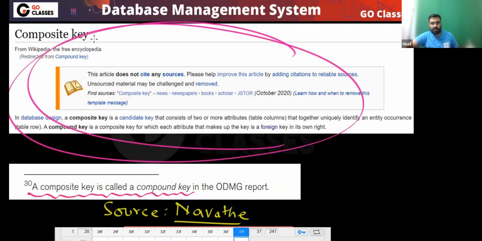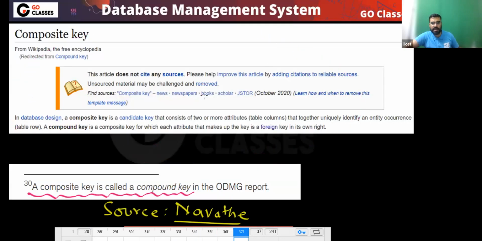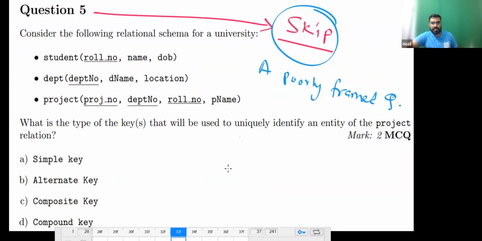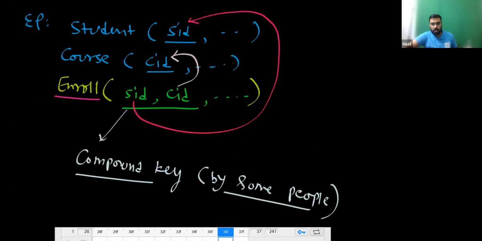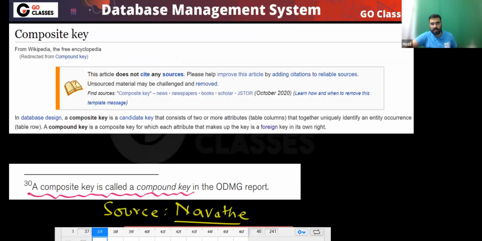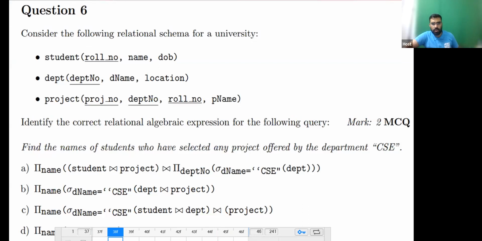For the GATE exam, it is not even required. Do not give even 1 minute to this question, not even 1 second. This was a poor question. You can forget about it.